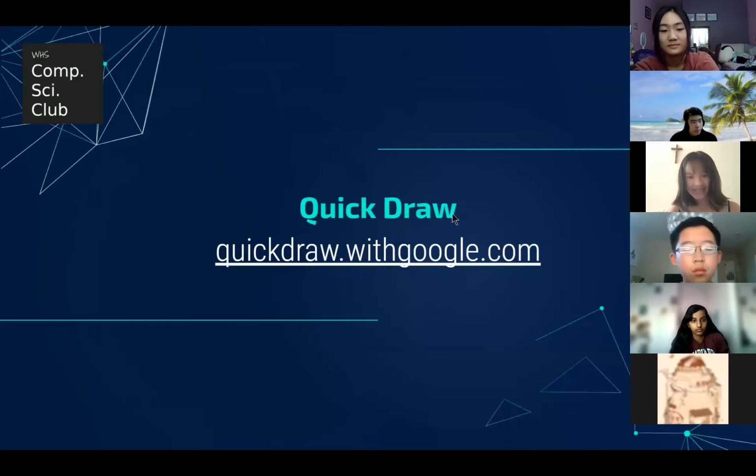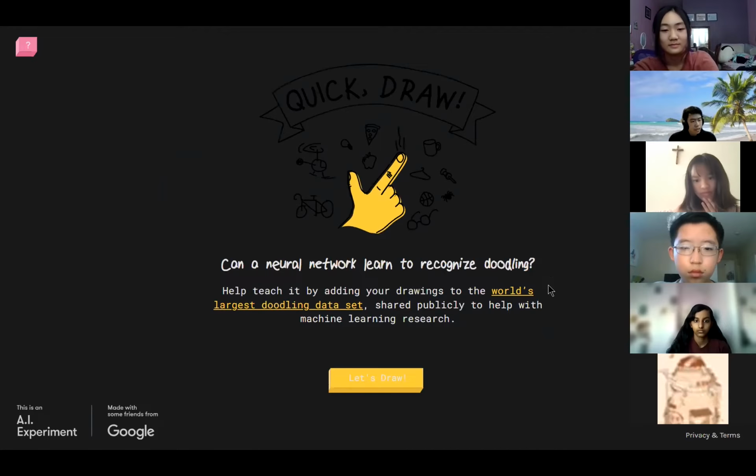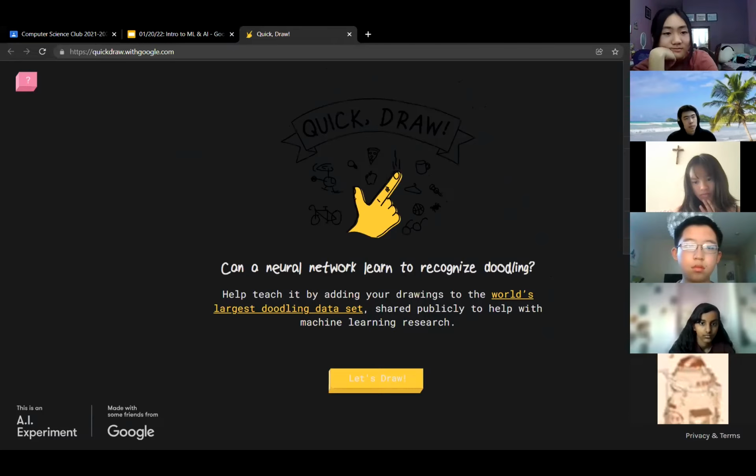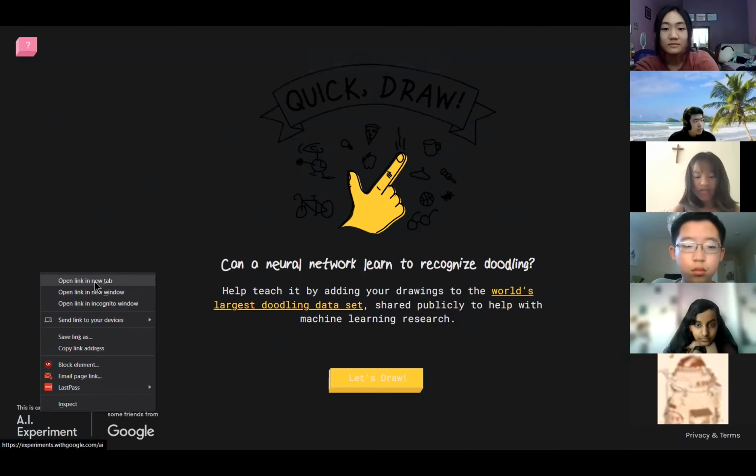There's this website called QuickDraw. It's by Google. The link's in the chat if you want to check it out yourself. It's an AI experiment from Google.